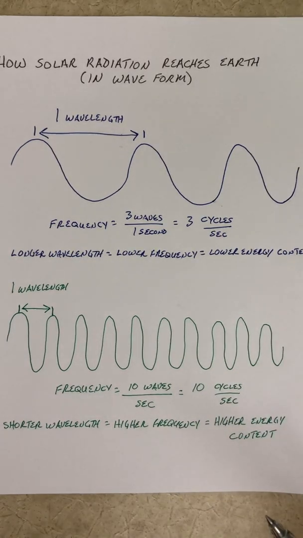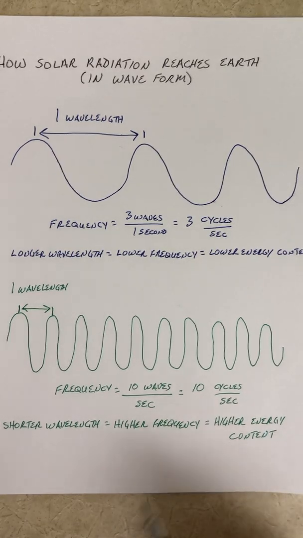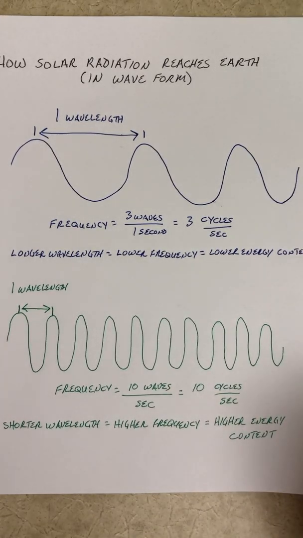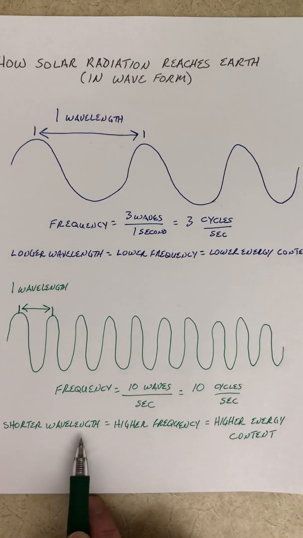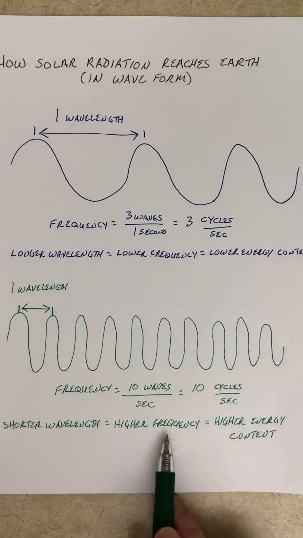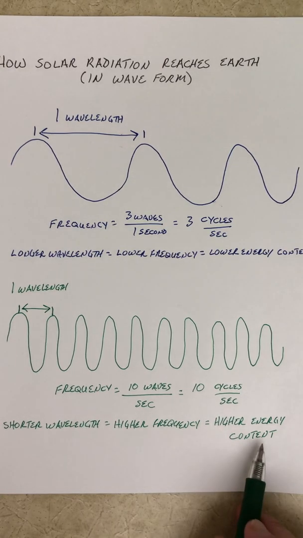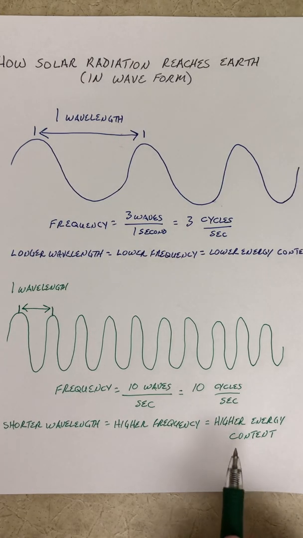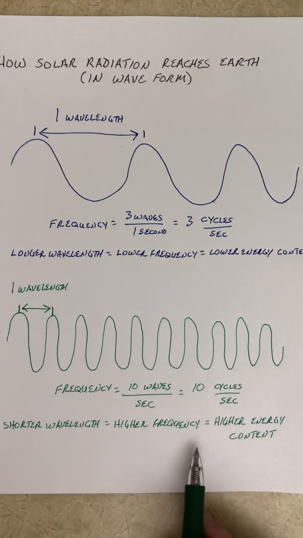The energy that we get from the sun, the shorter wavelengths would include gamma radiation, X-ray radiation, ultraviolet radiation. They have shorter wavelengths, so they have a higher frequency and higher energy content. So you really have to be careful when you're dealing with these forms of radiation that have a shorter wavelength.